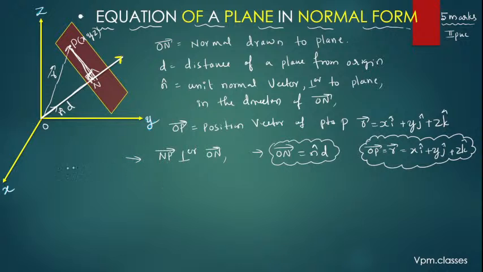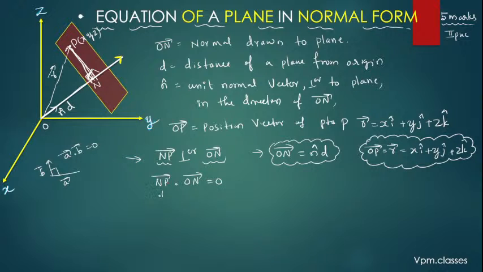We know that if two vectors A and B are perpendicular to each other, then their dot product is 0. So in the same way, NP is perpendicular to ON, which implies NP dot ON equals 0.